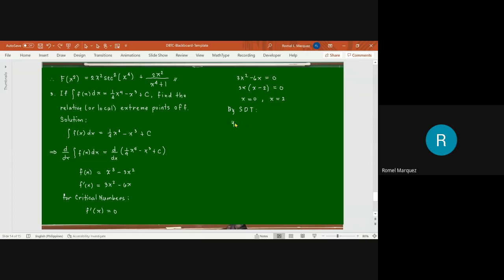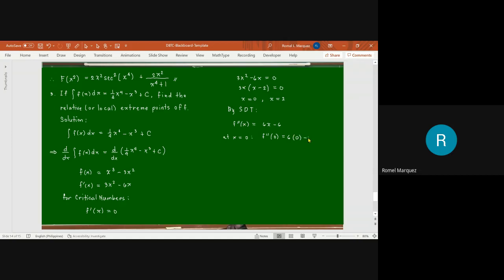So at x equals 0, we get the value of the second derivative. So 6 times 0 minus 6, and that is negative 6. So this implies that x equals 0 gives a relative maximum point because the second derivative is less than 0.